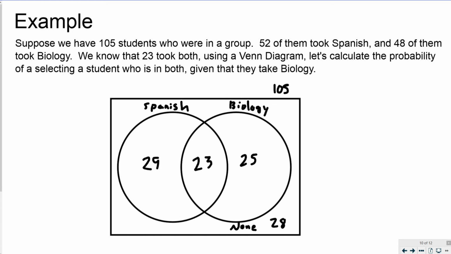So it is known that 48 students are enrolled in bio. Probability of P of A given B. 48 students are in bio, but only 23 are in both. So you're going to divide 23 by 48, and you get approximately 48%. It's 47.91, which is about 48%.